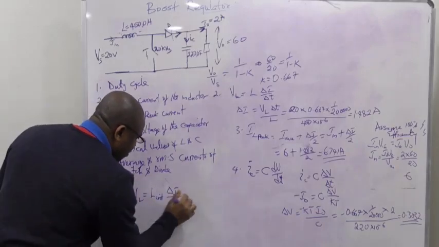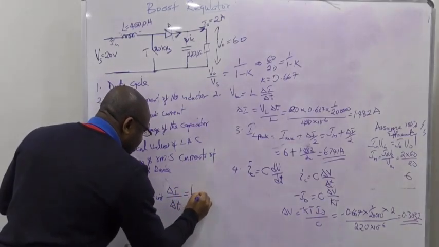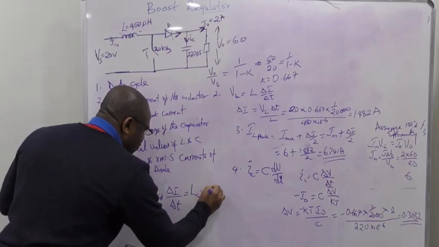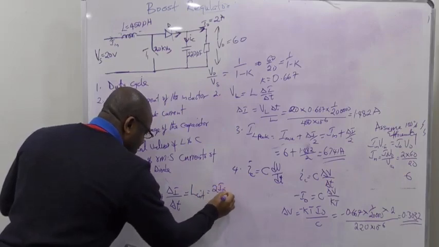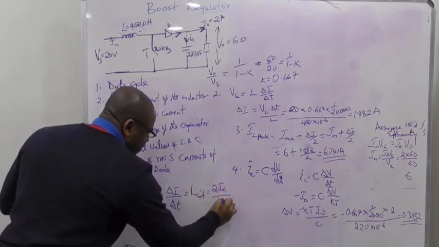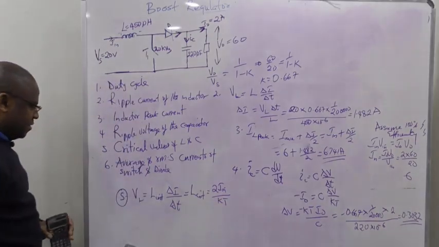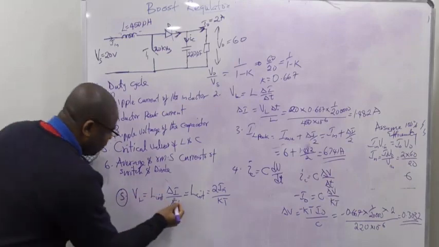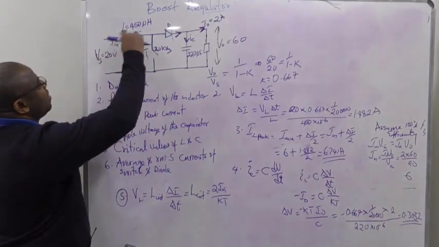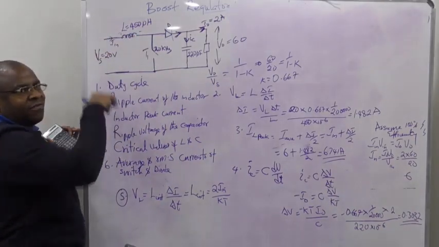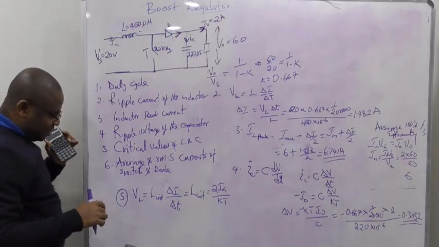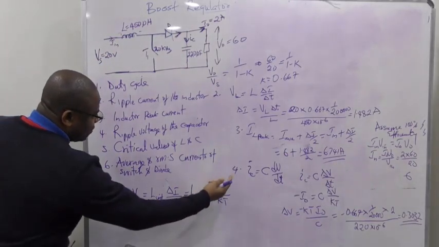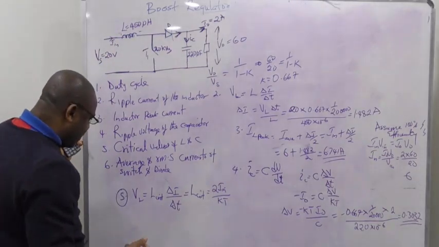So this will be twice of I in. L critical is 2 I in over KT. All right. So here we can now substitute. So the current here now, the ripple will be twice of the average value, right? So that is what we have here, twice of that I in, which is the average value.